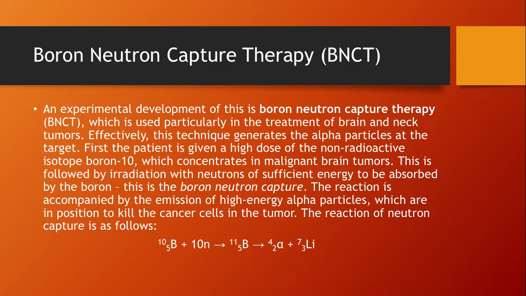So by capturing these neutrons, boron-10 is converted into boron-11, which then decays into a non-radioactive isotope, as well as producing alpha particles. And since we're in a malignant brain tumor, for example, those alpha particles can specifically target the cancerous cells near the brain.